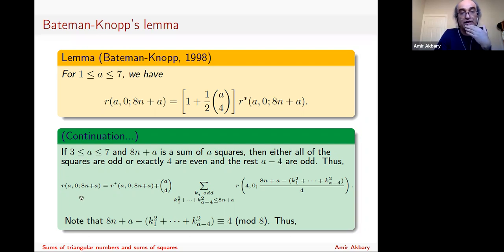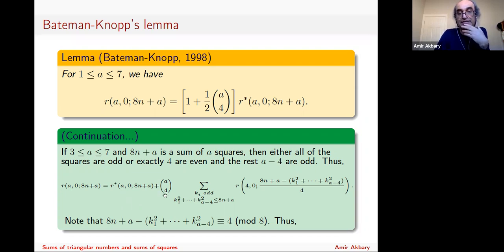Therefore, the number of ways that we can write 8n plus a as a sum of a squares is going to be the number of ways that we can write 8n plus a as a sum of a odd squares, plus, okay, now I have 4 even squares. So I can have 4 even squares and a minus 4 odd ones.